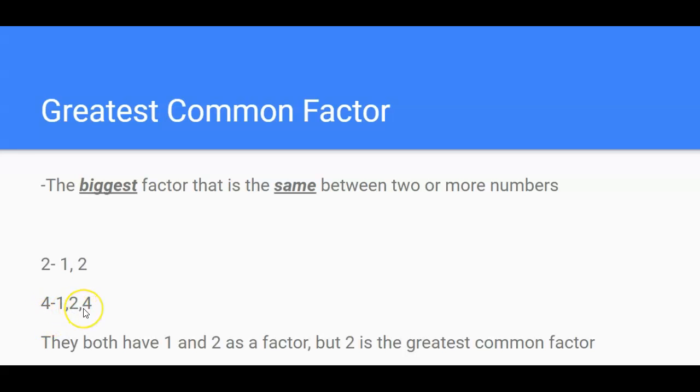So 1, 2, and 4 are the factors of 4. So they both have 1 and 2 as a factor. But since I'm looking for the greatest common factor, that means the 2 is the biggest between them.